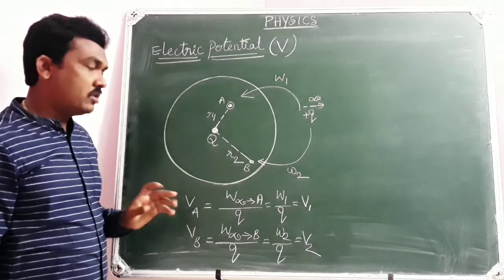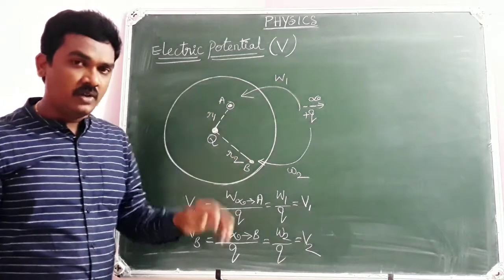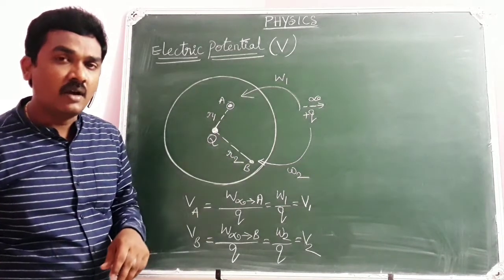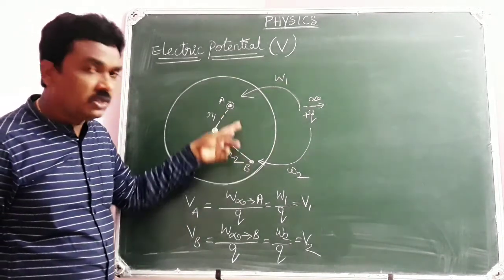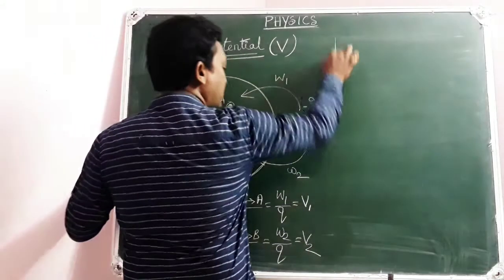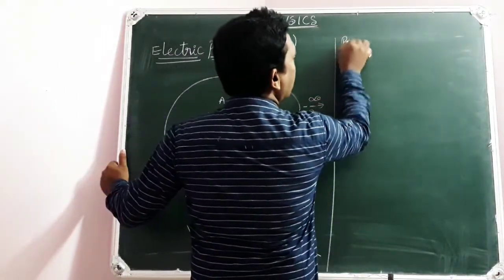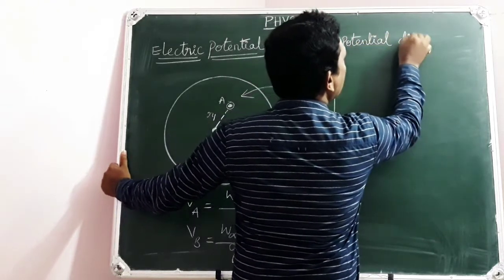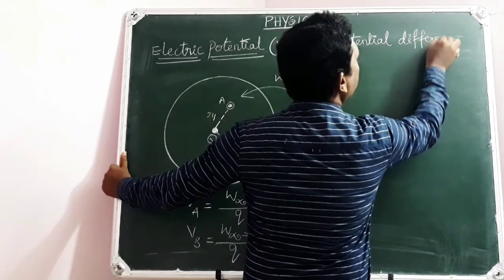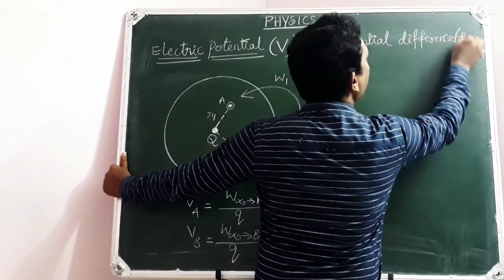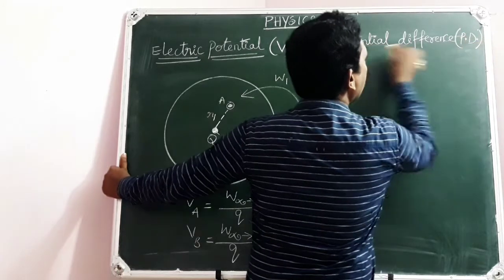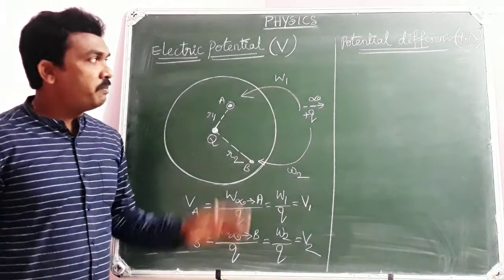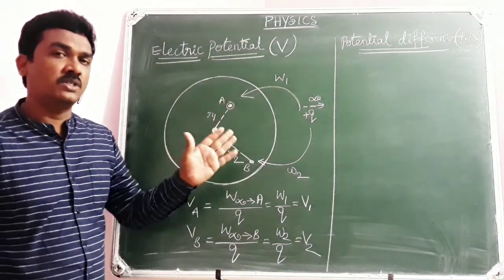So if you are talking about two different points in the electric field, which are at different distances from the source charge, then you will have a potential difference between the 2 points, which is a very important terminology. Potential difference can be abbreviated as P.D. You can always write P.D. in capital letters instead of potential difference.